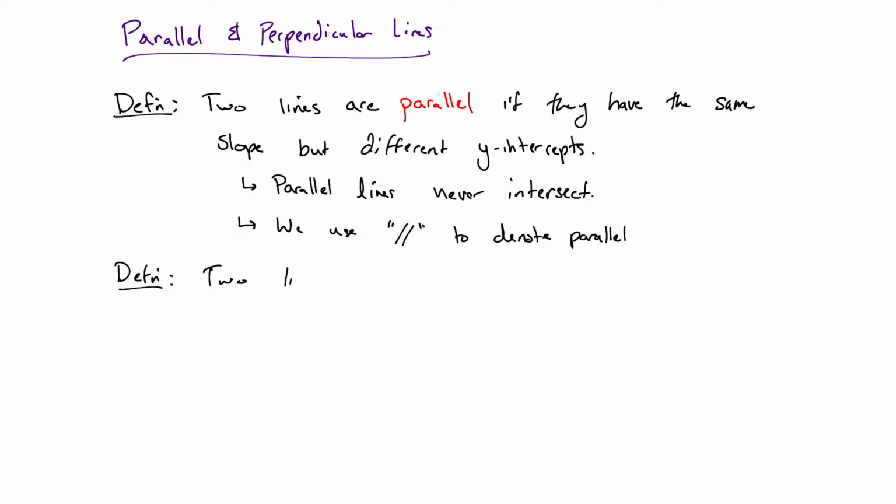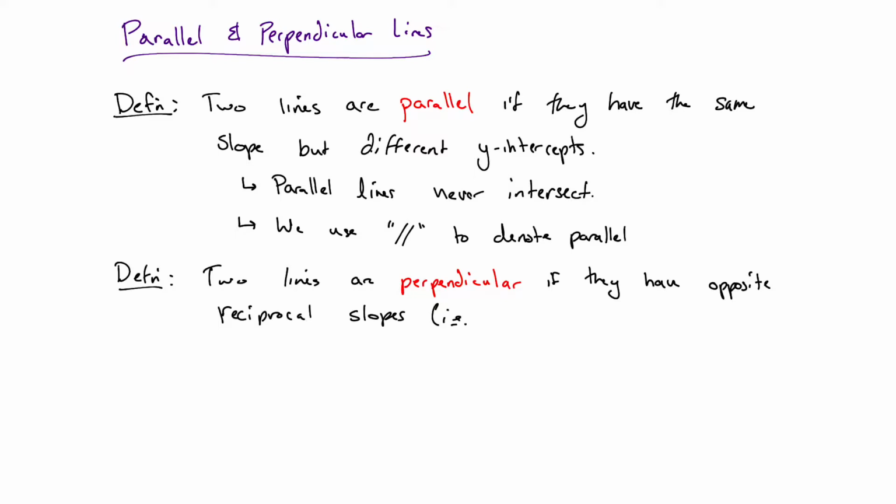Then we talk about perpendicular. Two lines are perpendicular if they have opposite reciprocal slopes, i.e., opposite signs and one fraction is quote-unquote flipped.